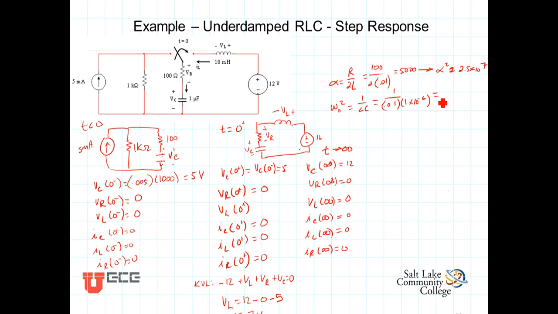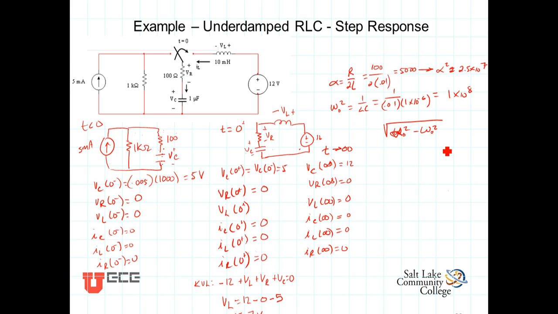And that then gives us omega naught squared is equal to 1 times 10 to the 8th. So we have then omega naught squared is greater than alpha squared, and the radical of alpha squared minus omega naught squared is going to be negative.